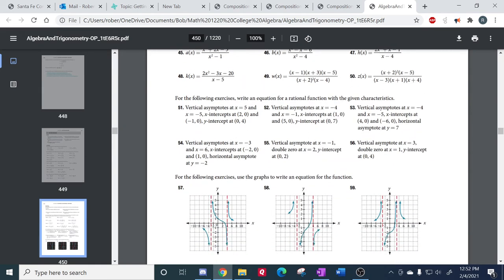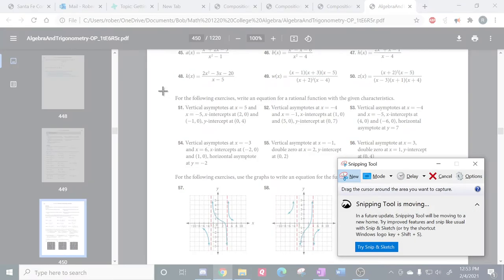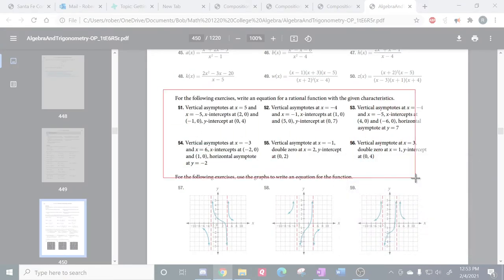Problems 51, 54, 57, 60, and 75 are all about finding the equation of the graph. Oh, okay. All right. So we'll find the equation of the graph. The word stretch threw me off, but I think I get the general idea here.